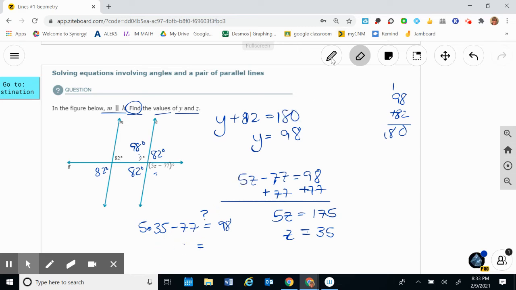Okay, 5 times 35, what is 5 times 35? I'm just going to do it. I know what it is on this page, but I just want to pretend I don't. Okay, it's 175 minus 77. Is that equal to 98? 98 equals 98. Check. We know we did it right.